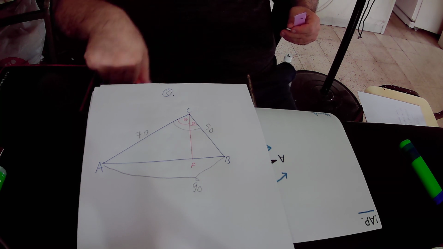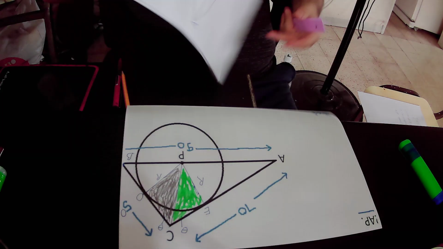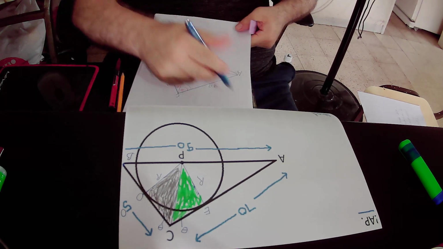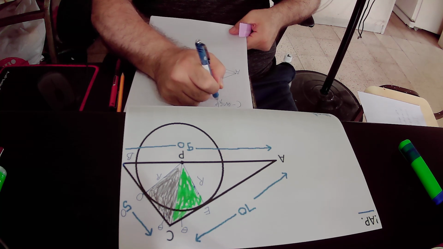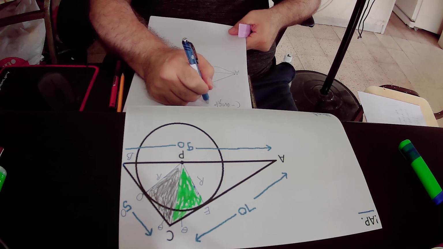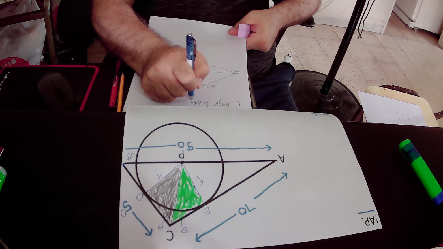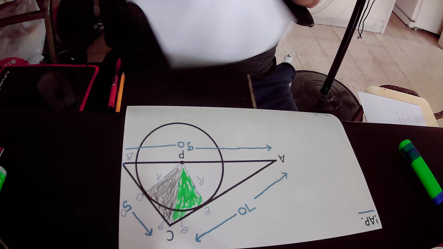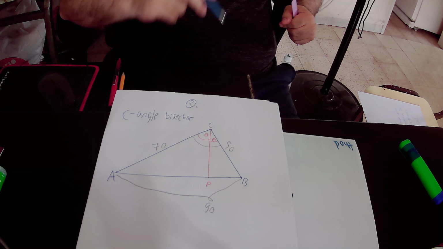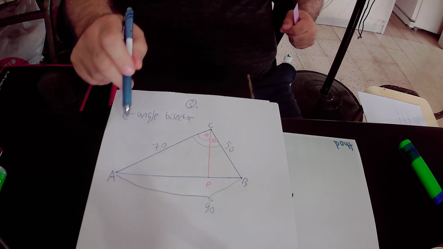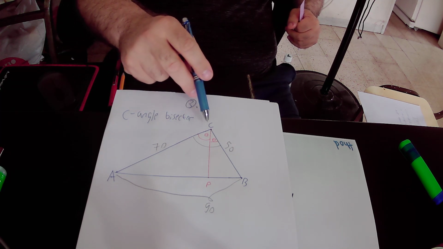Okay, so CP is angle bisector, because it splits angle ACB in the triangle into two halves.